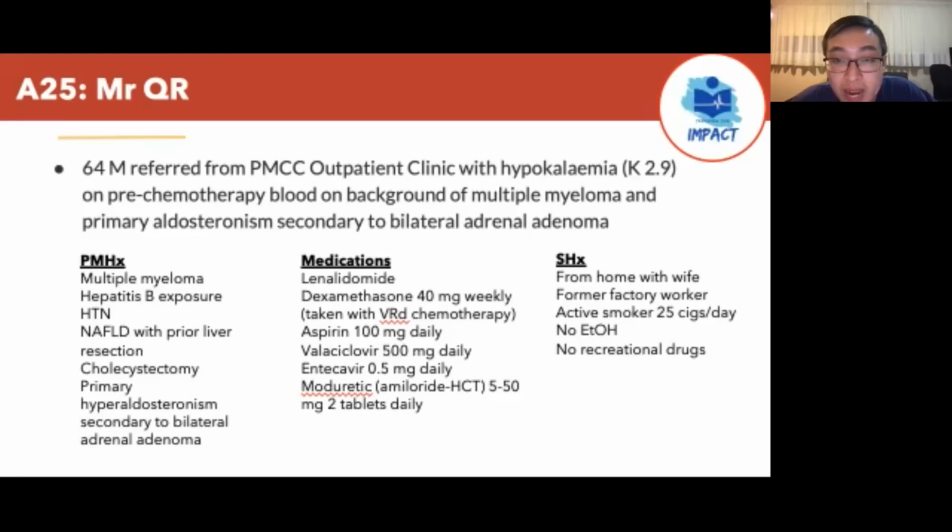Amiloride being your ENaC inhibitor, and hydrochlorothiazide being your thiazide diuretic. So he's from home with wife. He was a factory worker, but has since retired. He's an active smoker of 25 cigarettes per day, so about 1 pack per day. He doesn't drink much alcohol, doesn't use any recreational drugs.